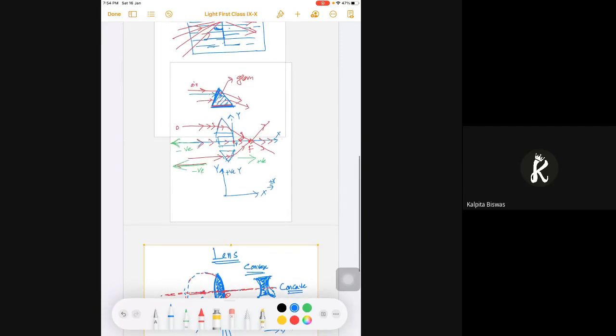If you see the lens, we can divide it into three parts, top prism and bottom prism. The bottom of the top prism is this side. Light will bend towards the bottom of the prism. In the same way, on the other side, light bends towards the bottom, and the top portion of all the rays passes through this point, and the bottom portion of all the rays passes through the same point. This particular point is called the focus of that lens.